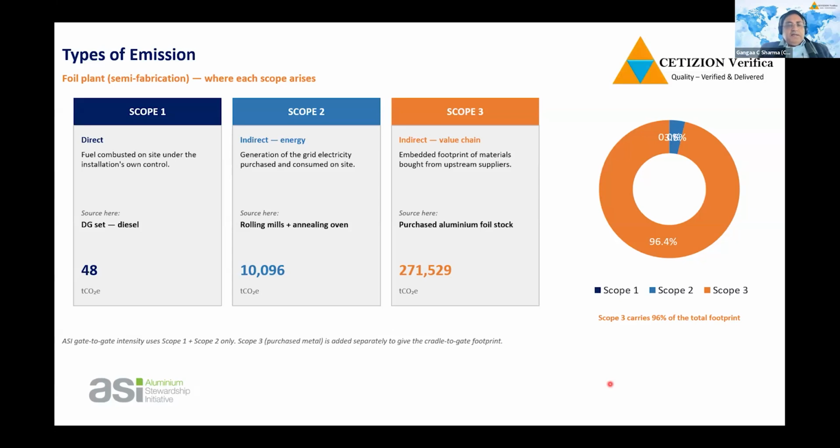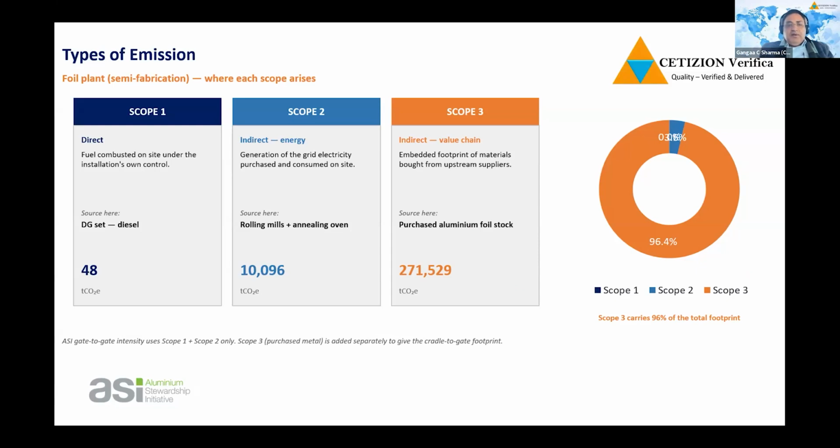Scope 3, as I said, is the highest contributor in a foil company, and comes from the purchase of the foil stock or can stock if it is a can company. And if you see other related requirements of ASI, when we talk about responsible sourcing, we are asking you to work with your supplier, because you as a purchaser can influence those decisions by asking your supplier, and in turn the pressure goes up to the smelter to provide you low carbon product towards the downstream.